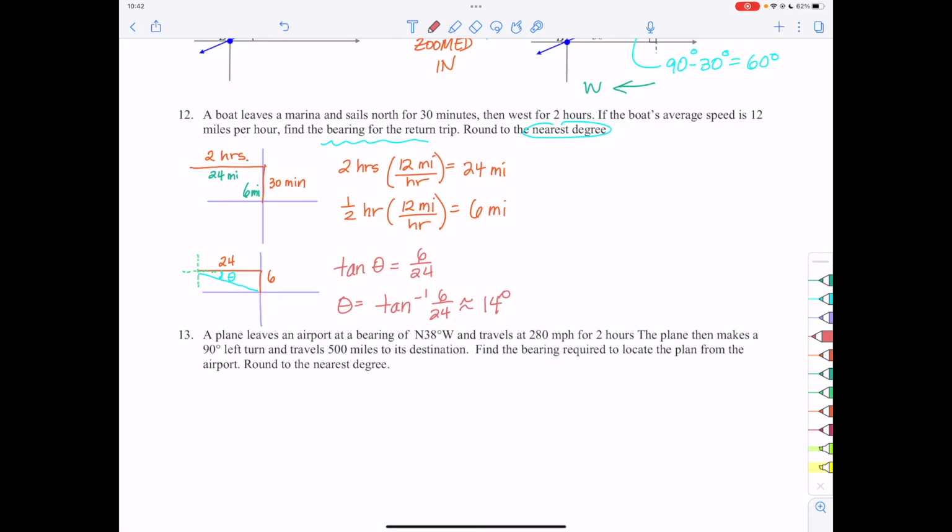So now what we want to do is maybe make this picture even larger. So if we have these same axes, we can see that we have 14 degrees here.